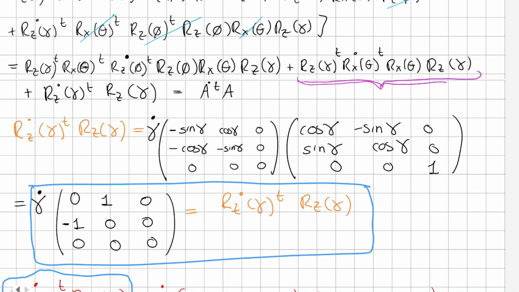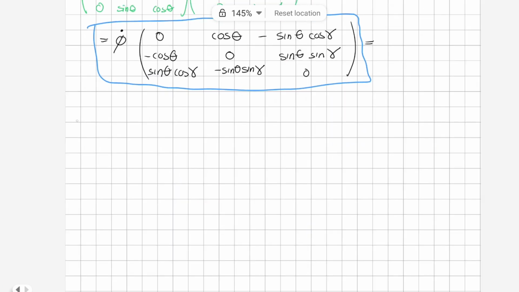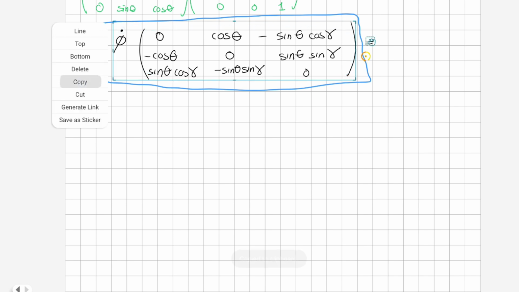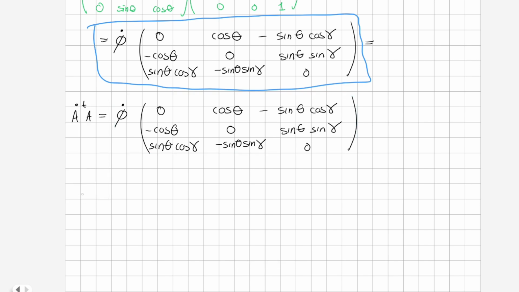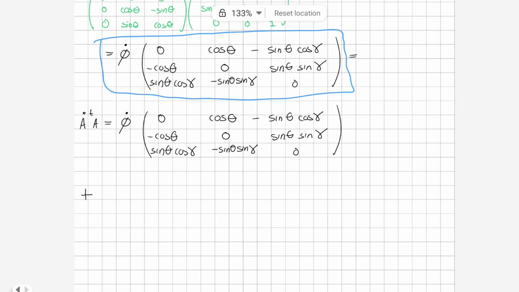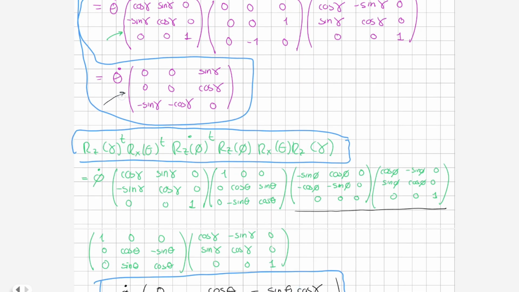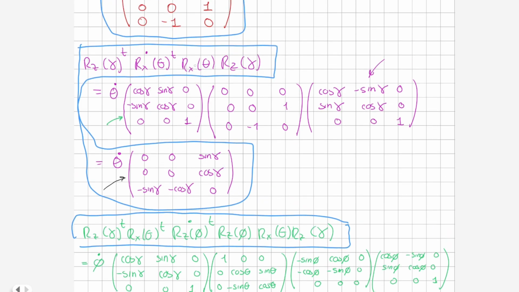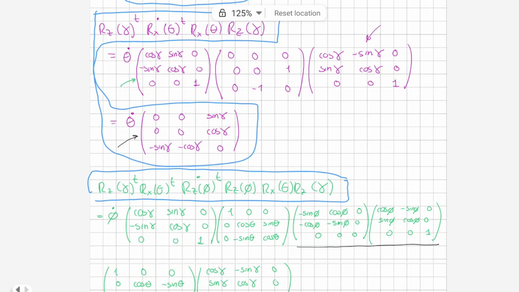So to do that, let me write that A dot transpose times A is going to be equal to, first of all, this whole matrix, and then this is going to be summed with this matrix that corresponds to this product. Okay, so let me copy.